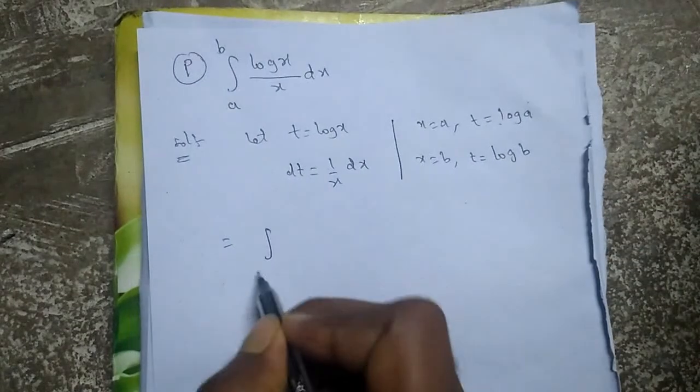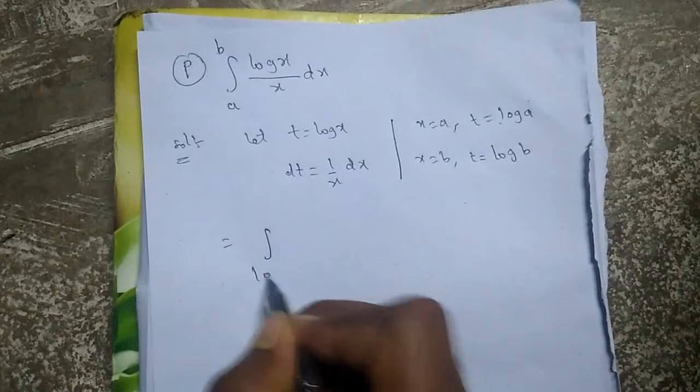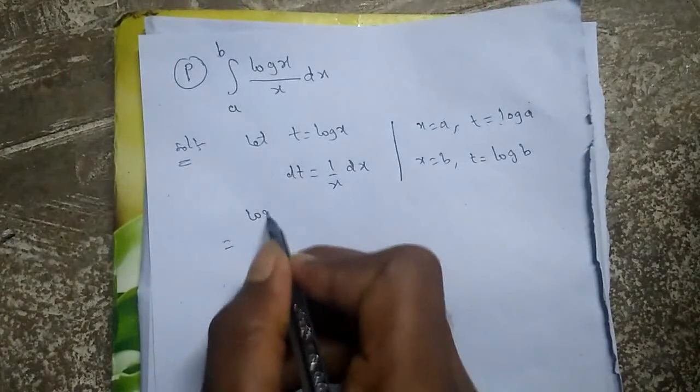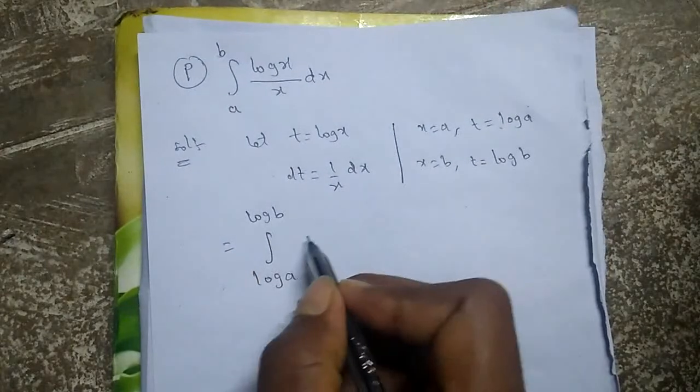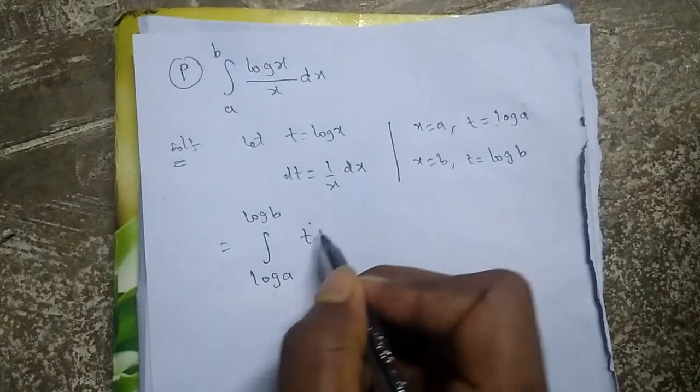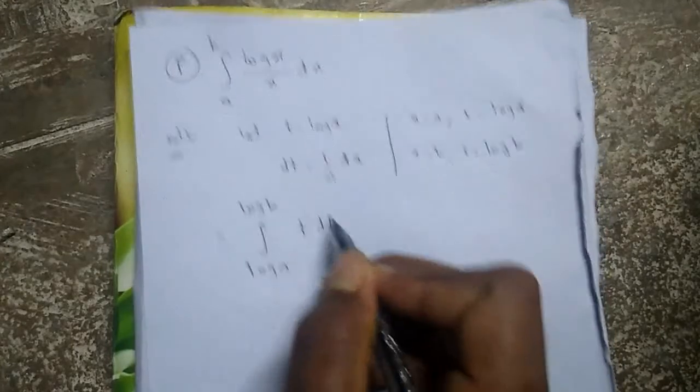Now convert: integral log a to log b, log x is equal to t, and dx by x is equal to dt.